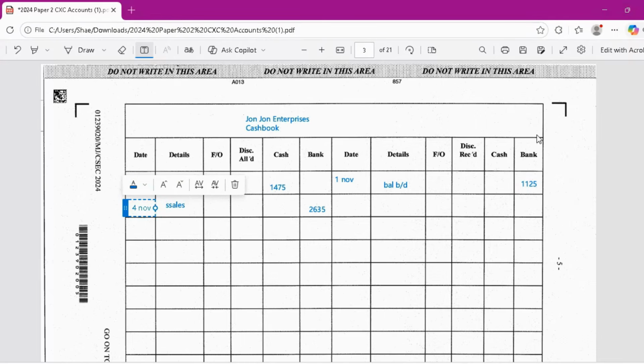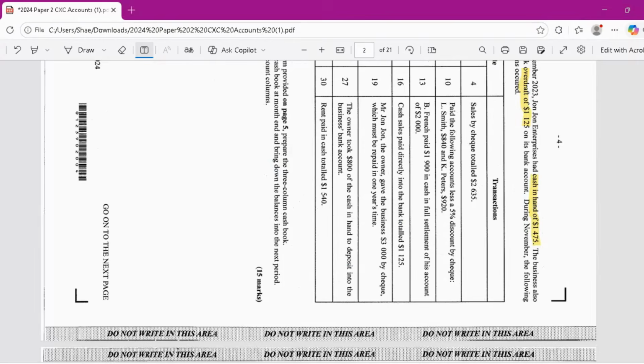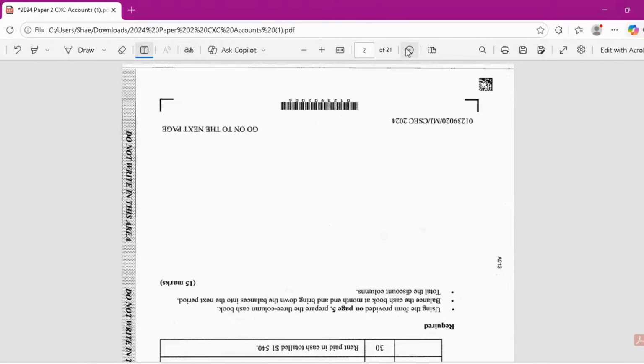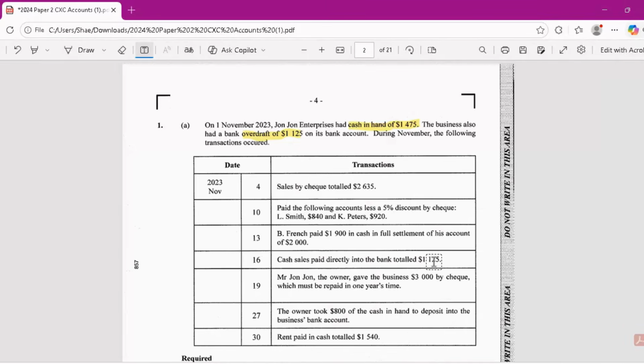So you go back up to your question once you have completed that, and you look for what the other item is. I'm sorry, this is how the paper is, so I have to spin it around. On the 10th, we pay the following accounts less 5% discount. Once they say less 5% discount, you have to find out how much money you would have paid, and record the 5% as your discount.